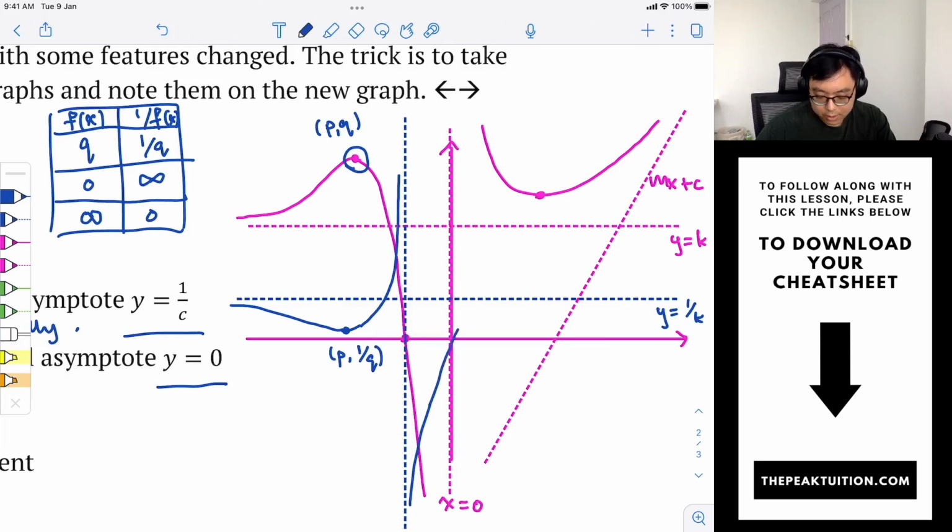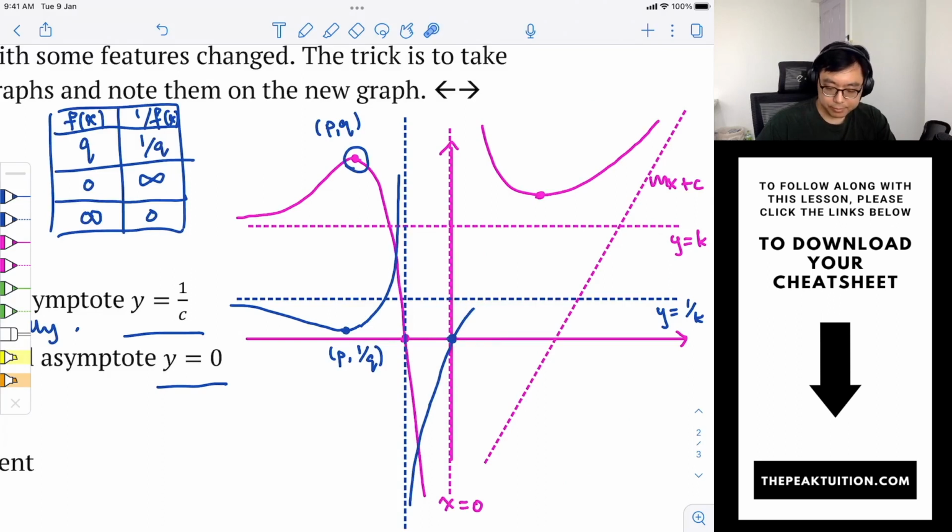It will cross the original asymptote, and after crossing it will become 0 for the reciprocated graph. In the positive x area, the original graph is positive, so this graph here would emerge positive.